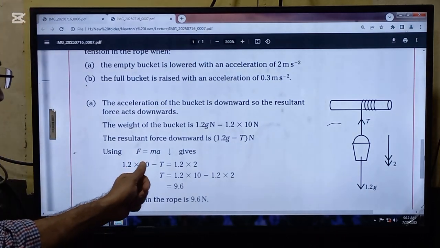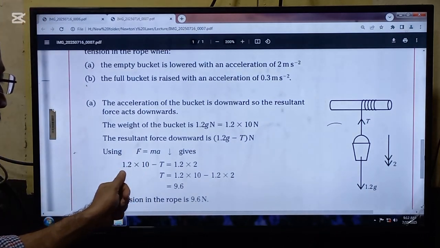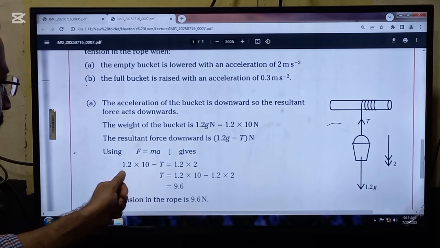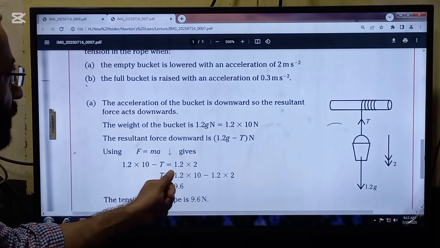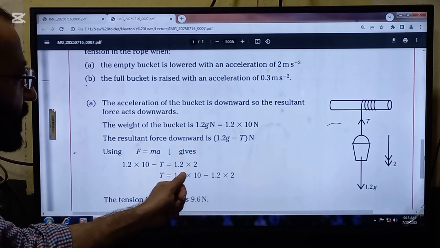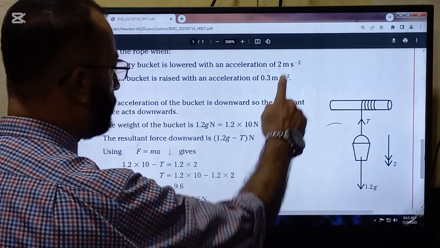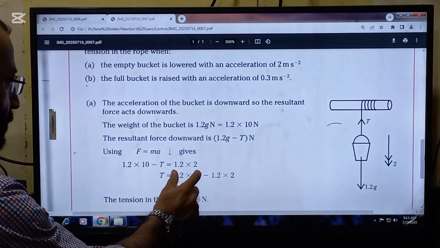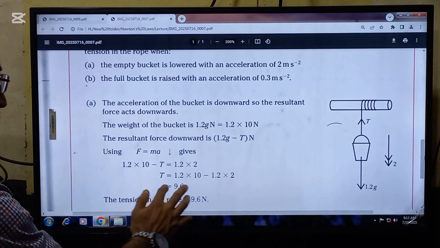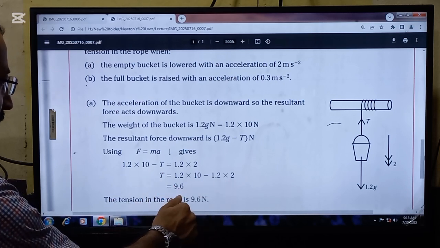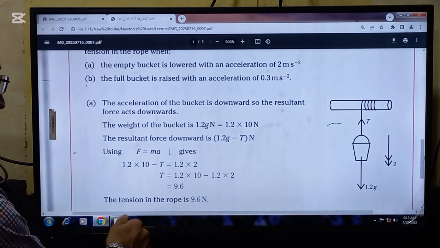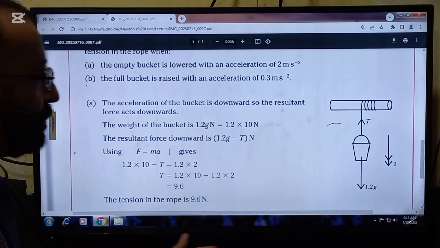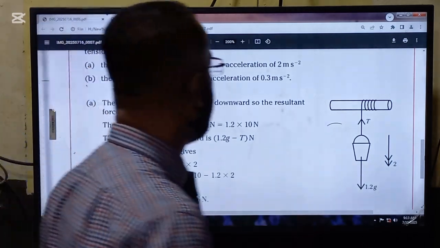So using the formula F = ma, the resultant force is 1.2 into 10 minus T. On the right hand side, mass is 1.2 and acceleration is 2. So this minus T will be shifted to the right hand side and 1.2 into 2 will be shifted to the left hand side. Solving it on the calculator, you will get the answer 9.6 newtons. So this is the tension in the rope when the bucket is lowering into the well with an acceleration of 2 meters per second squared.